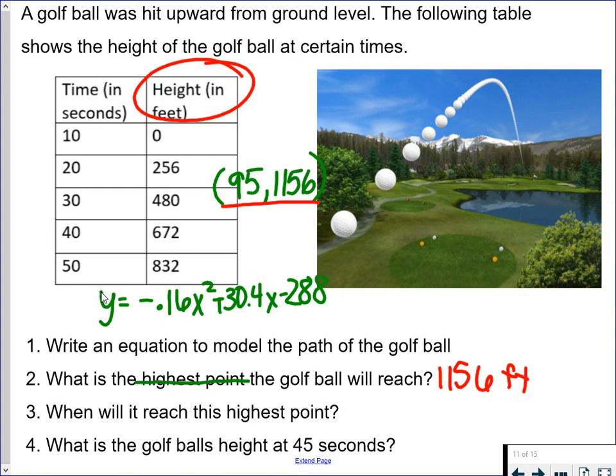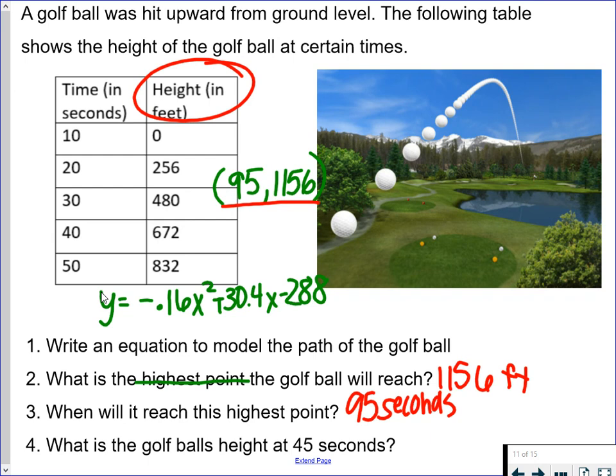Your X value is your time, okay? So when will it reach its highest point? 95 seconds, okay? So you got to be able to pick apart what are they actually asking you for, okay?